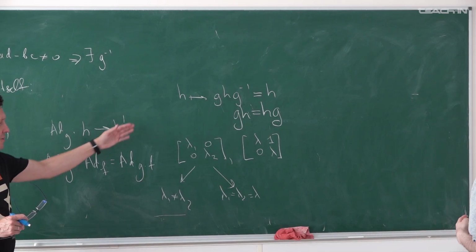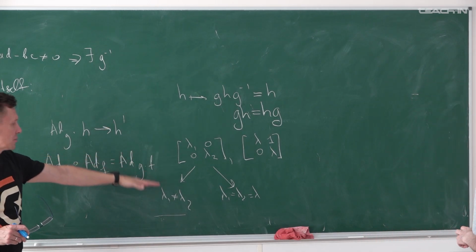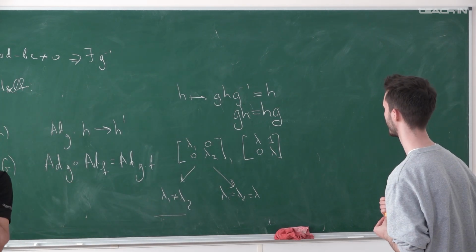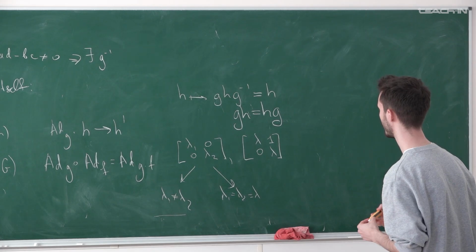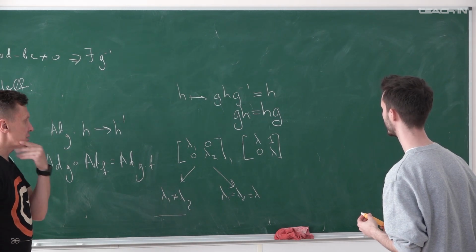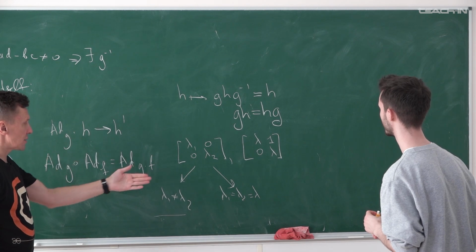A generic element is called semi-simple. Semi-simple means that it has different eigenvalues. What are the matrices commuting with such a matrix?